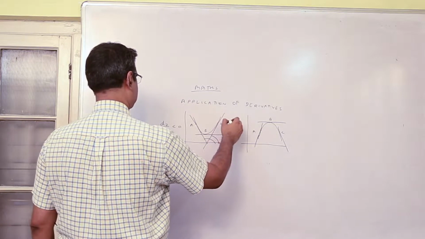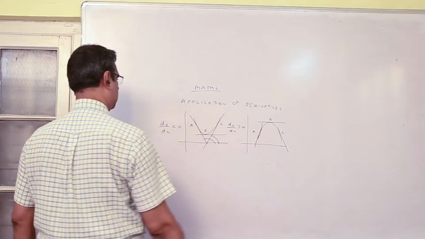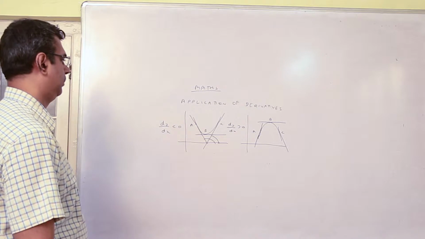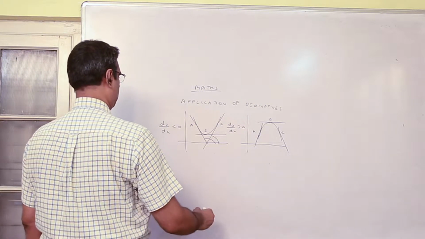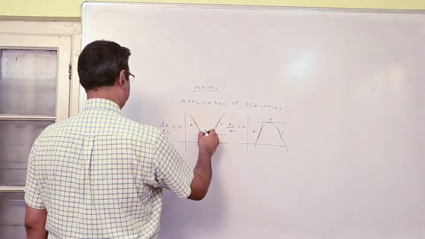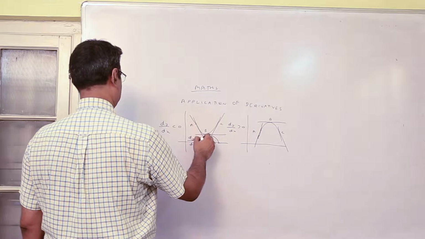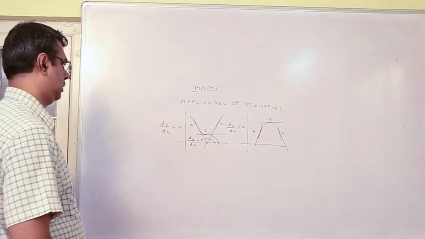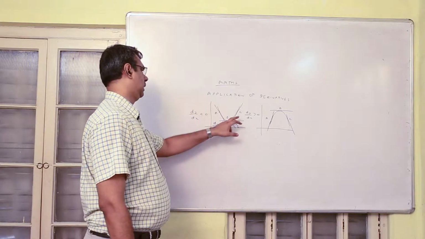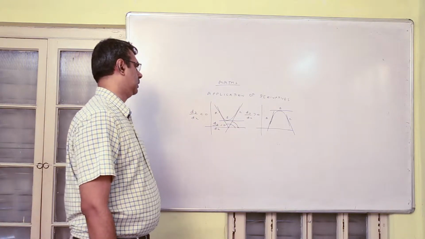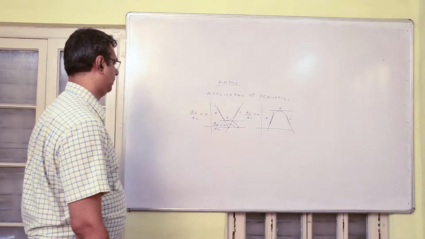And at the point C, the tangent is making an acute angle, so dy by dx is greater than 0. And at the point B, the tangent is horizontal, so dy by dx is equal to 0. So at the point A, dy by dx is less than 0, at the point C, dy by dx is greater than 0, and at the point B, dy by dx is equal to 0.